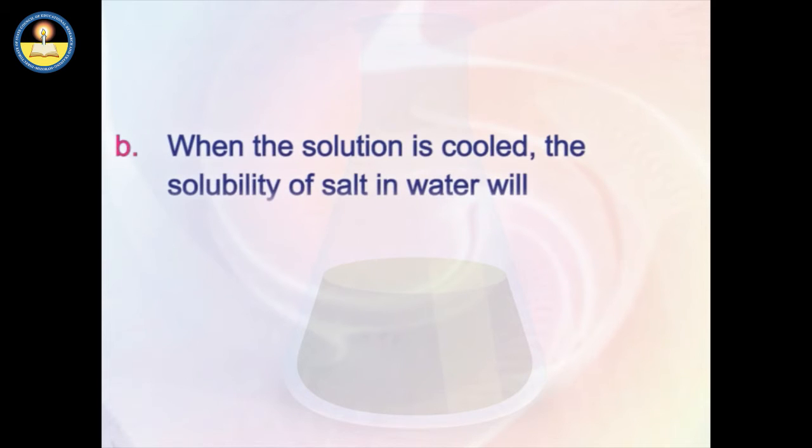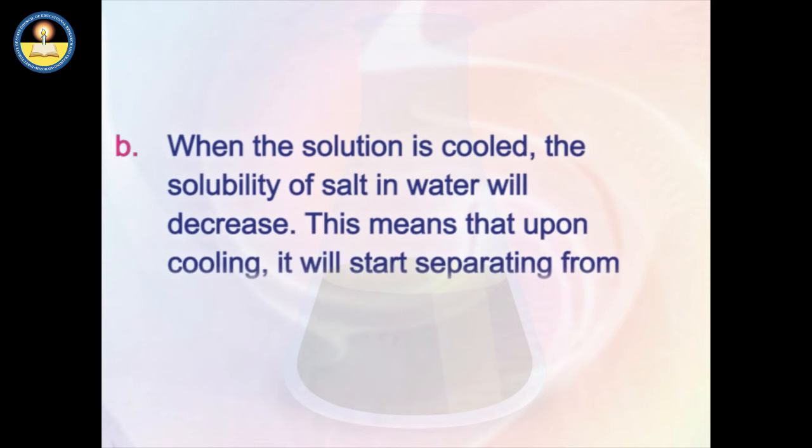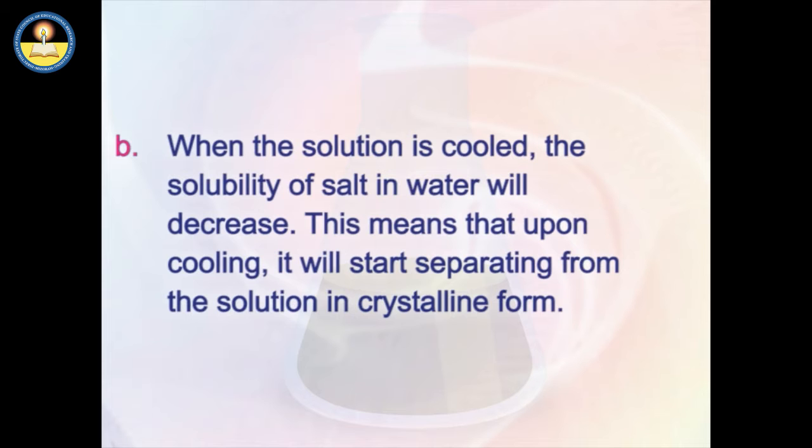And solution for B is, when the solution is cooled, the solubility of salt in water will decrease. This means that upon cooling, it will start separating from the solution in crystalline form.